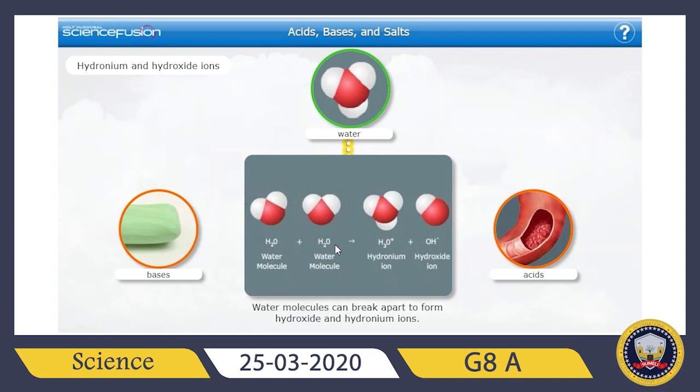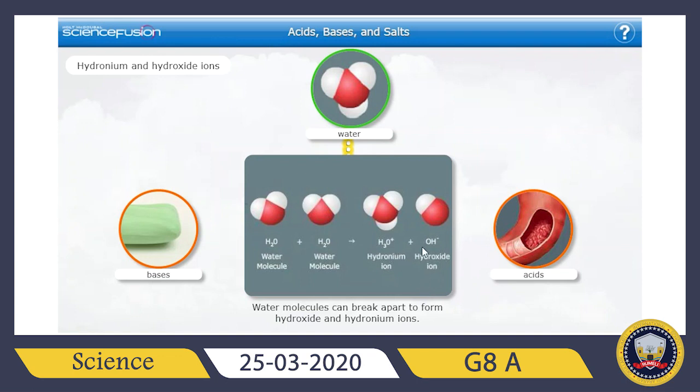That's why you can see there is one excessive hydrogen here. It should be 2, but now it is 3. On the other hand, we have one missing hydrogen here. It should be 2, but now we have 1 oxygen, 1 hydrogen. But it is still water. It is just ionized. It has just broken apart into ions.